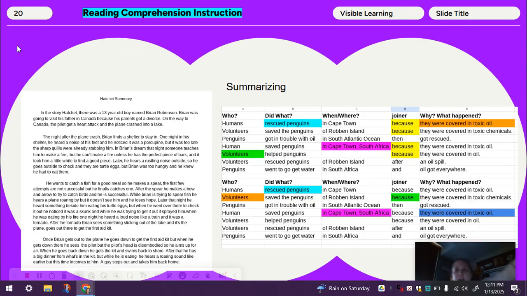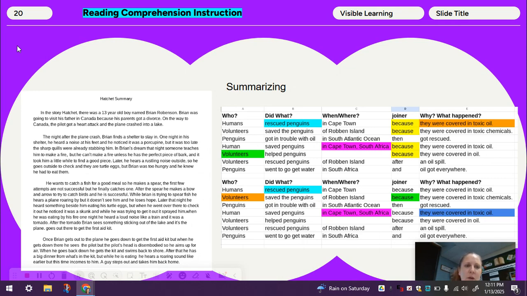So what I have here, oops, sorry, my light went off. What I have here is a summary that one of my students wrote, and this looks really complicated, like, oh my gosh, only a 5th grader could do this. But all they did was write a gist statement after every chapter.